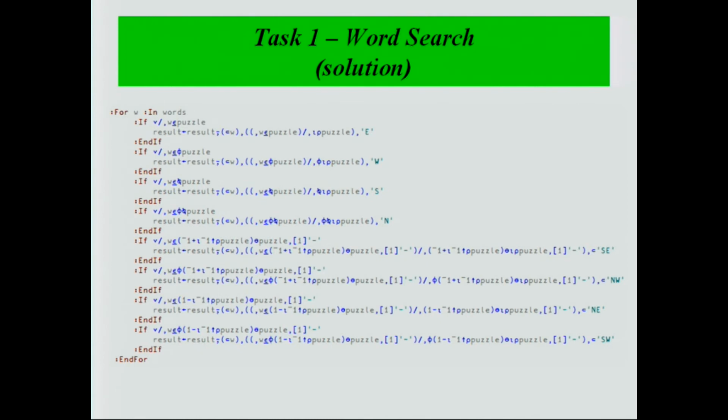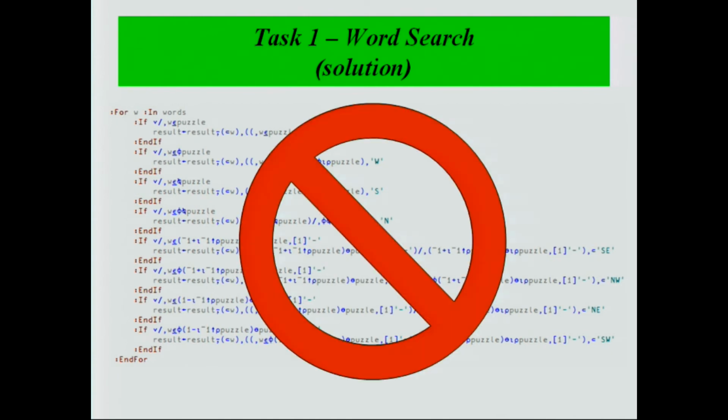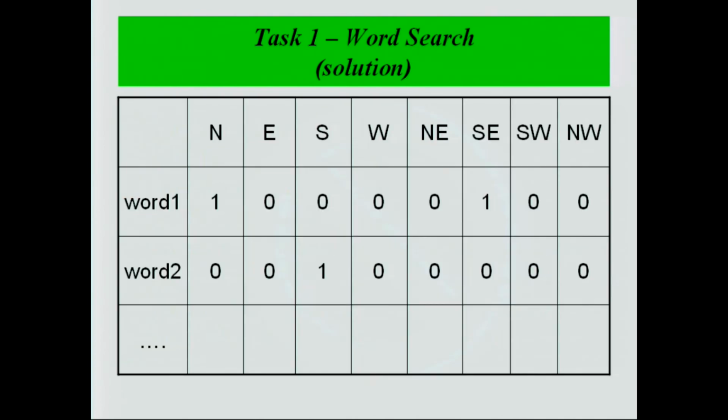When I obtained this piece of code, my first thought was, oh my god, the people from Dyalog will create a black book of participants for me, because this is unbelievable. No, I can't submit my solution with this kind of code.